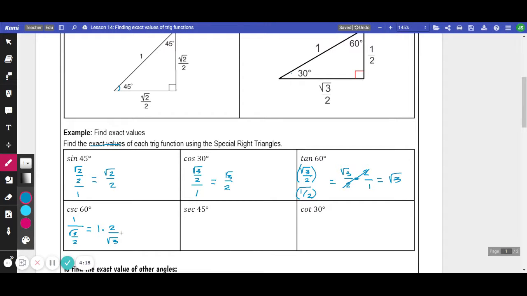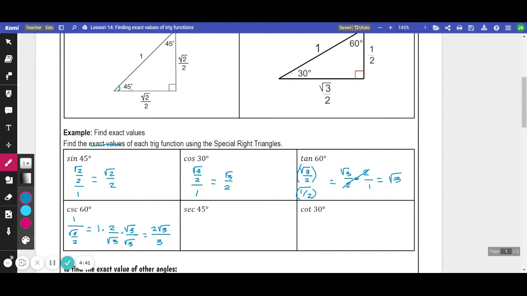We have to rationalize, which means that we multiply by that radical. Whatever that root is that we're not allowed to have, we have to multiply by top and bottom. So I get 2 times square root 3 divided by 3 times 3 is 9. If they're in the square roots, square root of 9 is 3. And then you would have to check to see if you can reduce this, which you cannot on this one.